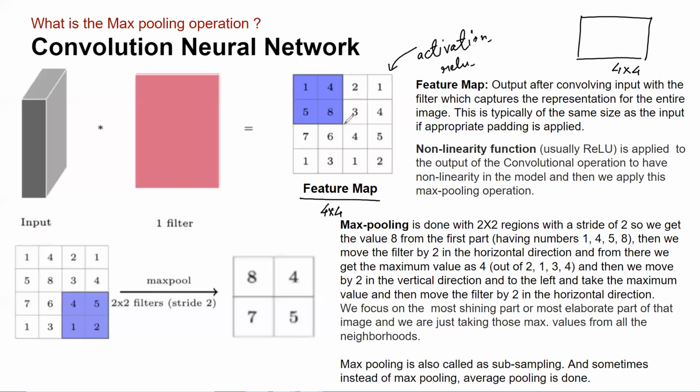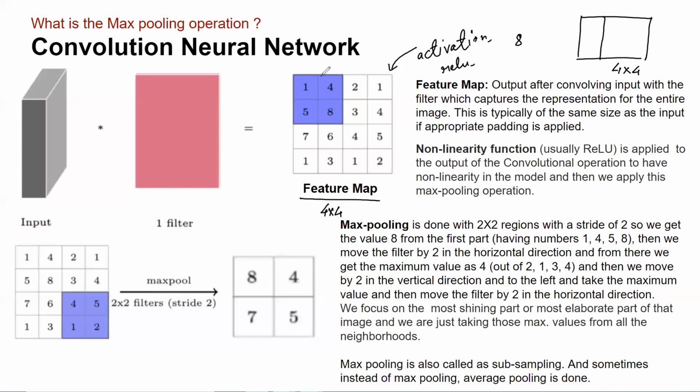So here I'm applying a 2 cross 2 filter, and whatever pixel values fall in this 2 cross 2 filter, we take the highest value out of it. Out of this 1, 4, 5, 8, what is the highest value? 8. So I got 8 here.